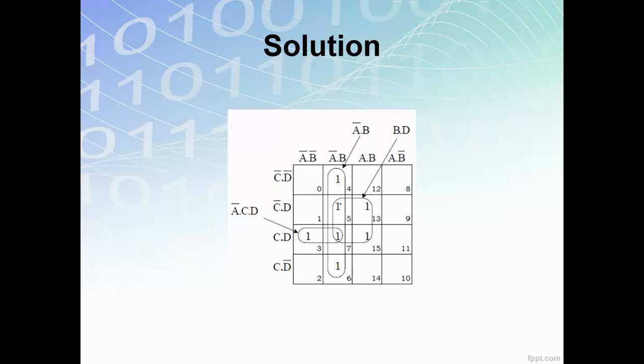The cells also need to be labelled, because the ordering of the cells in the 4-variable Kmap is different. You start with the left column, with 0 and 1, and the second cell will be at the fourth row, and the third cell at the third row. Cell 4 will be at the second column, followed by 5, and 6 will be at the fourth row, and 7 at the third row.